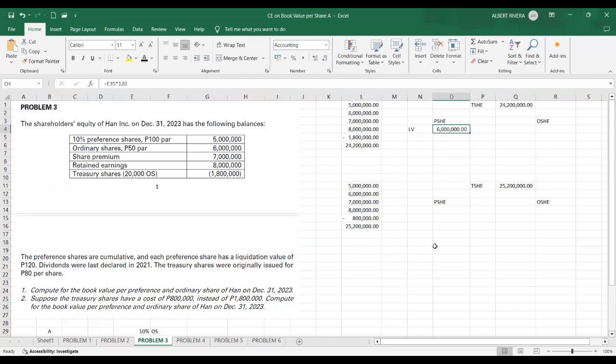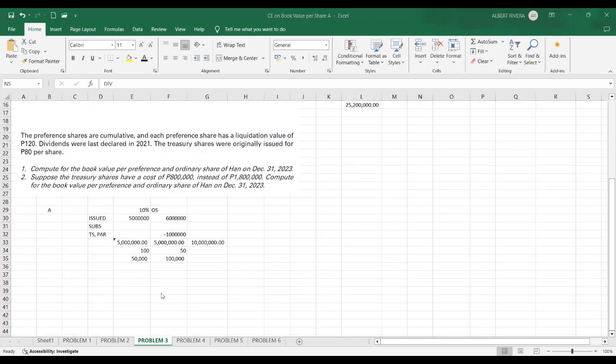Okay? So that is 6 million. Okay, that is 50,000 shares times 120. So that is 6 million. Then, the dividend. Ang sabi, cumulative. So you will always base the dividend on the par value. Okay? So the par value here is 5 million.